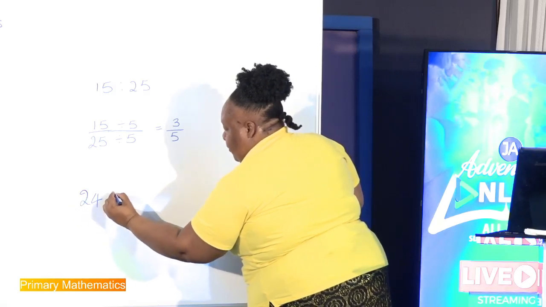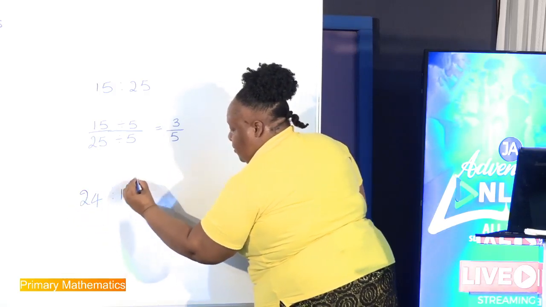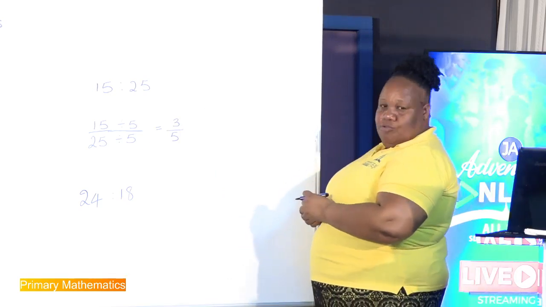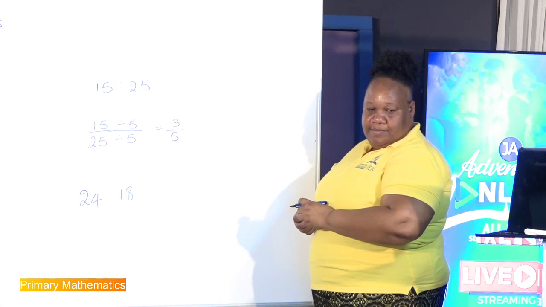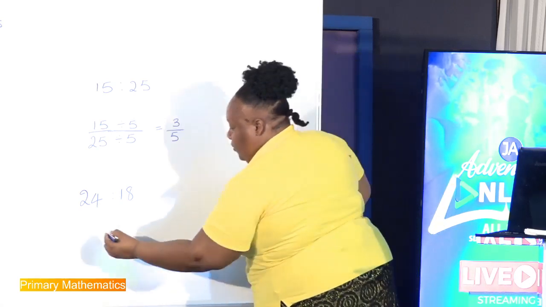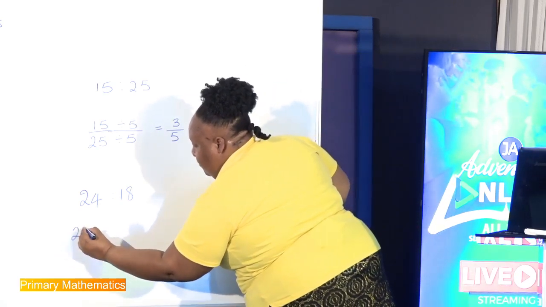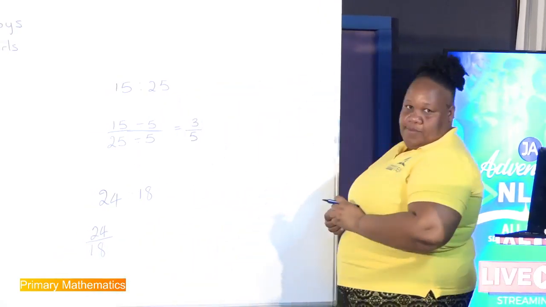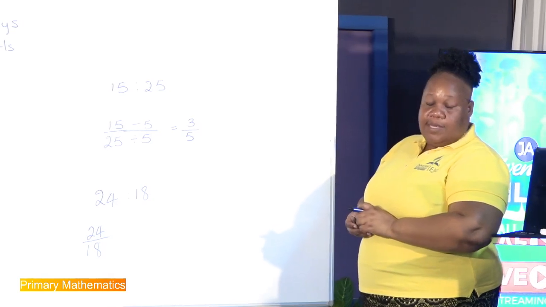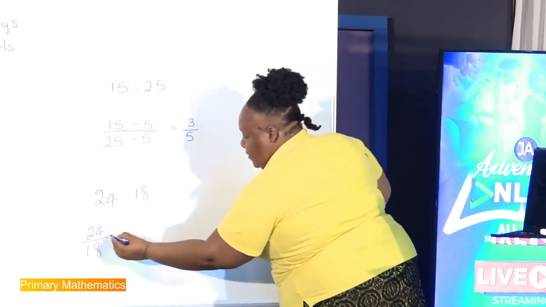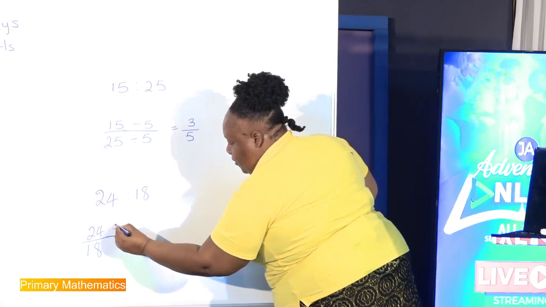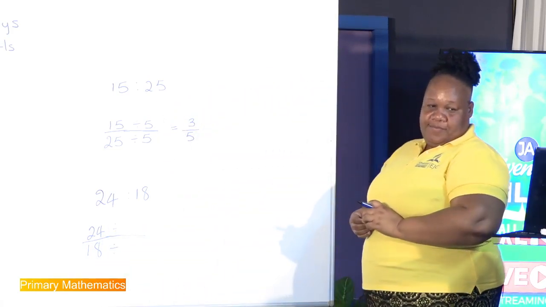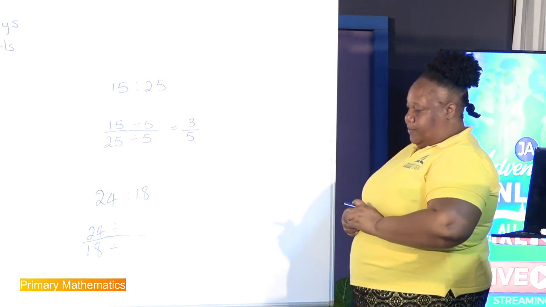24 cars to 18 trucks. We're going to write our ratio as a fraction. Then we are going to simplify. Simplifying, we need to find our HCF. 24 and 18.